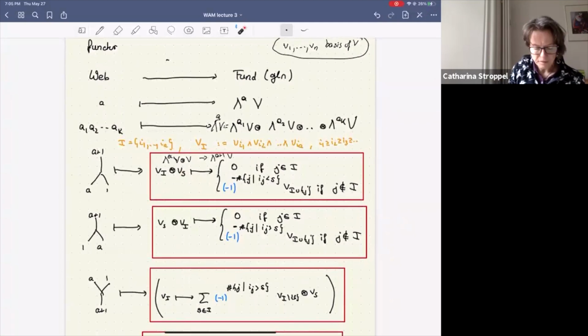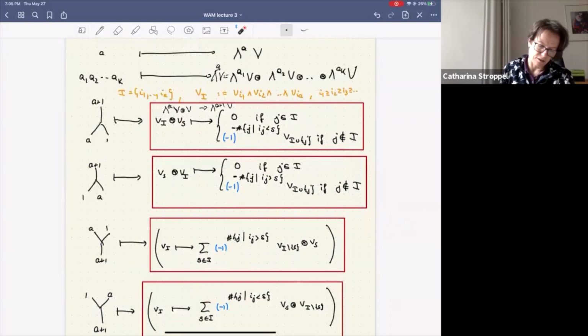And for the other one, when the 1 is on the left, I have exactly the same rule, apart from that my smaller becomes a bigger. That's the only difference. And then if I turn around my morphism, so I want to go the opposite direction like this, I have to take wedges and I have to split them. So I take my wedge and then I split it in all possible ways. So everything which is in this tensor product, I pick all possibilities of taking one factor, which I can put here.